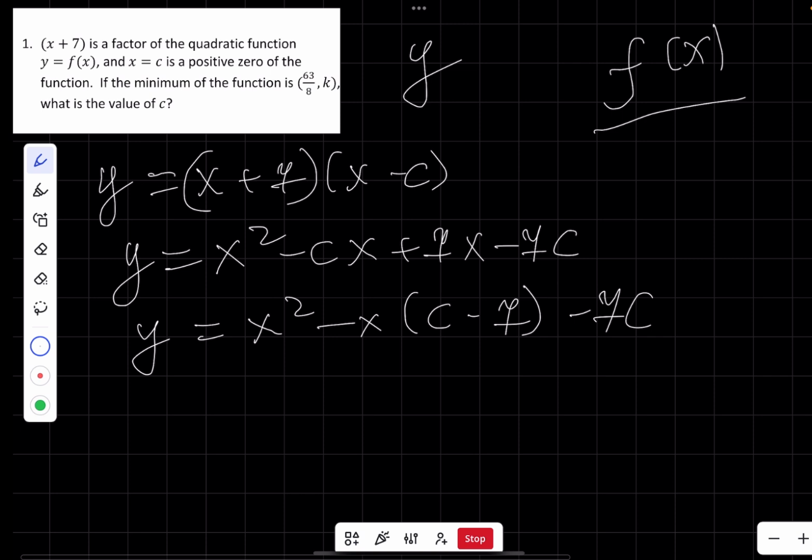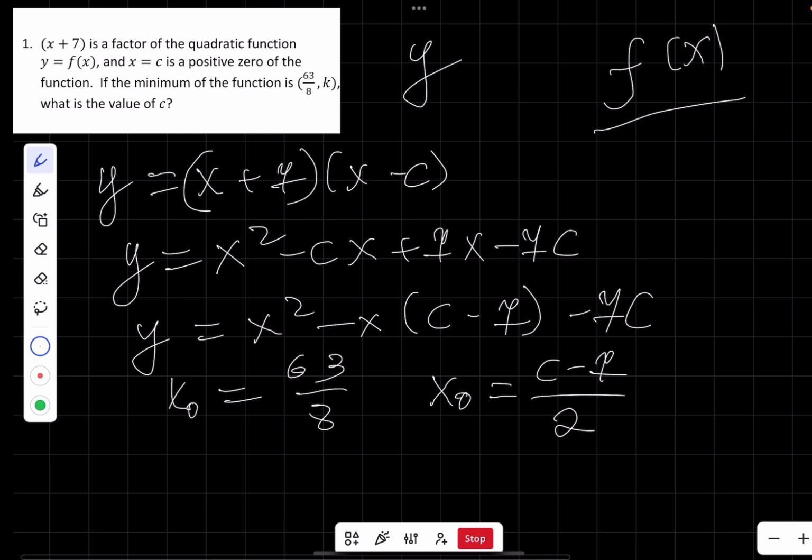So the question says the minimum of the function is 63 over 8 and k. So x0 is equal to 63 over 8. And now x0 from our function is equal to (c minus 7) over 2 because x0 is equal to minus b over 2a.